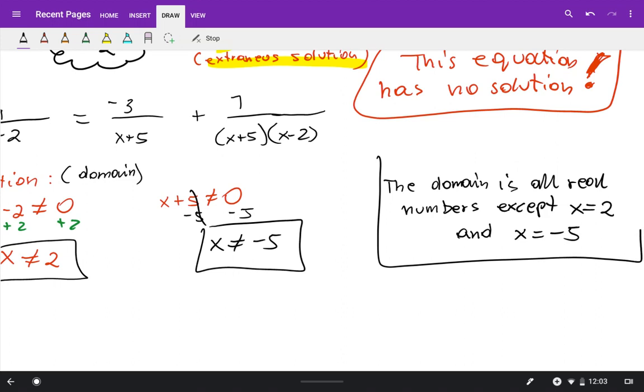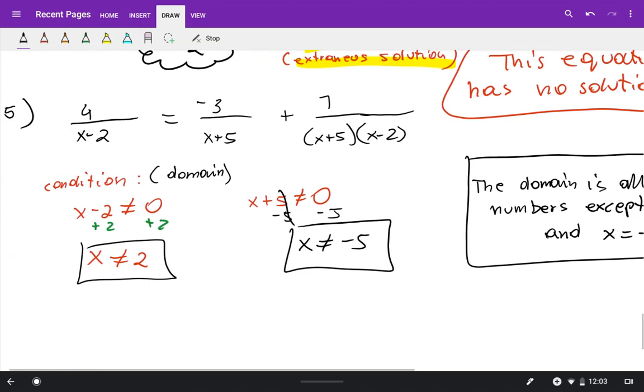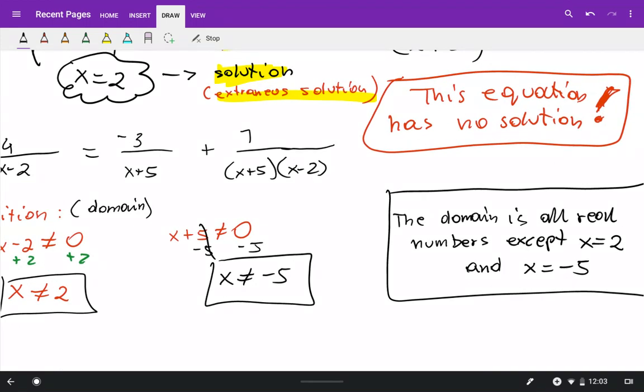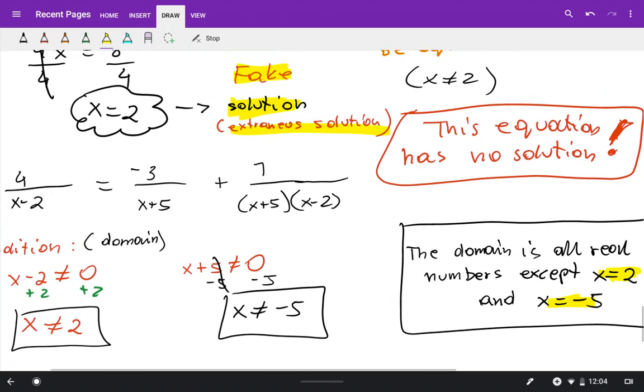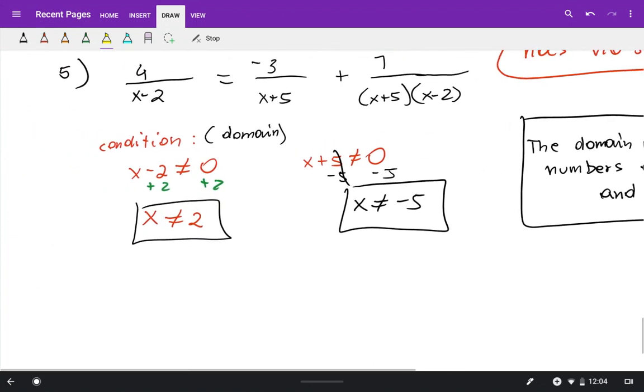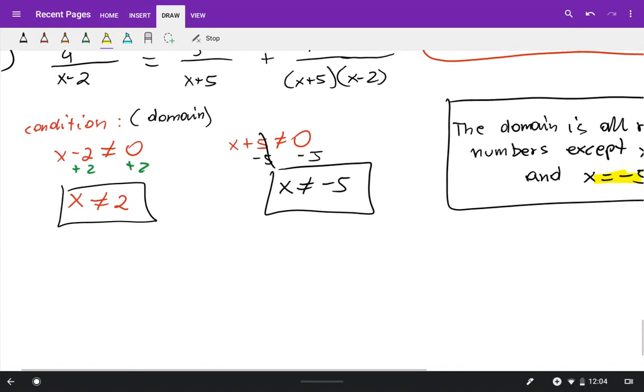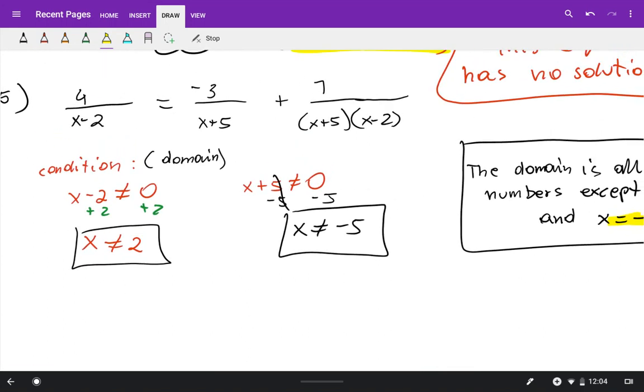So this is important. The domain means that you can solve this equation for any real number. Again, we'll end up with one solution except 2 and negative 5. That means if you end up with 2 or negative 5, it's going to be the case which we had before. We won't have a solution. So be careful with that. Okay, so let's go back to this problem.